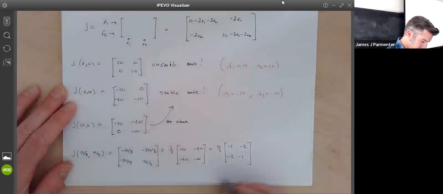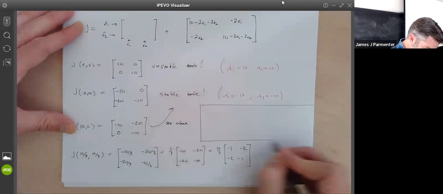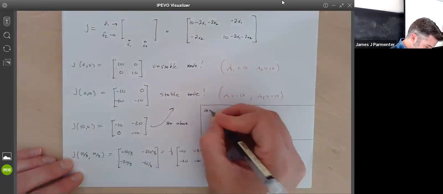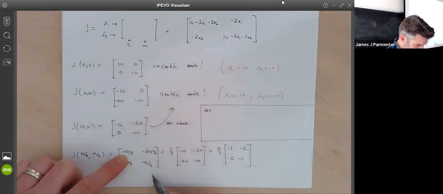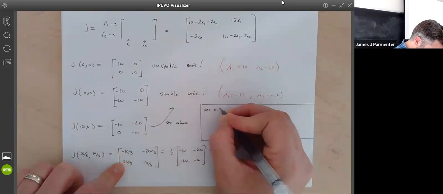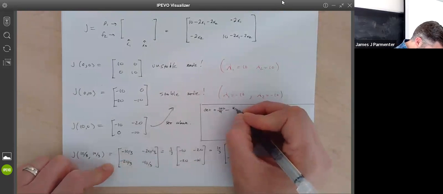Let's see. So finding the eigenvalues this way, my determinant's going to be that times that, so 100/9 minus that times that, which is 400/9.